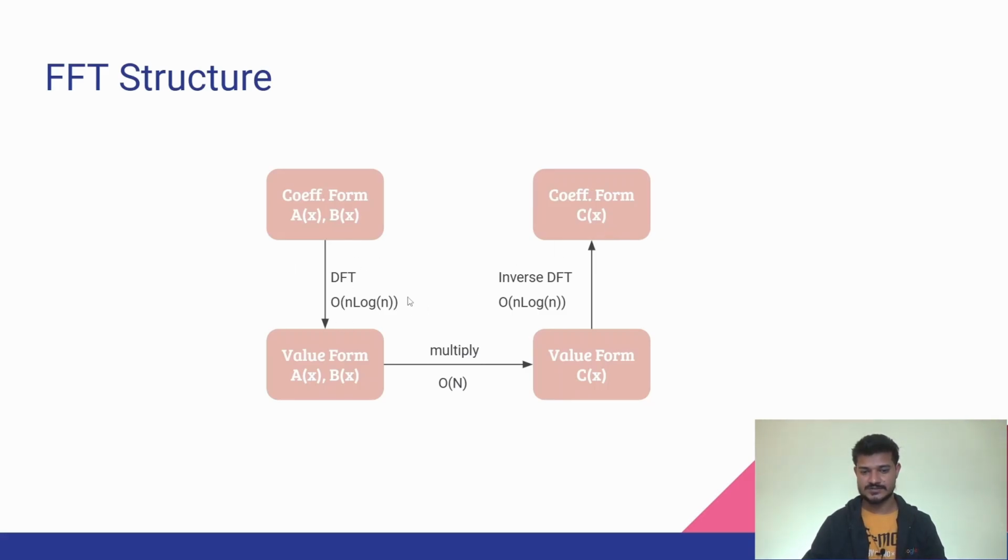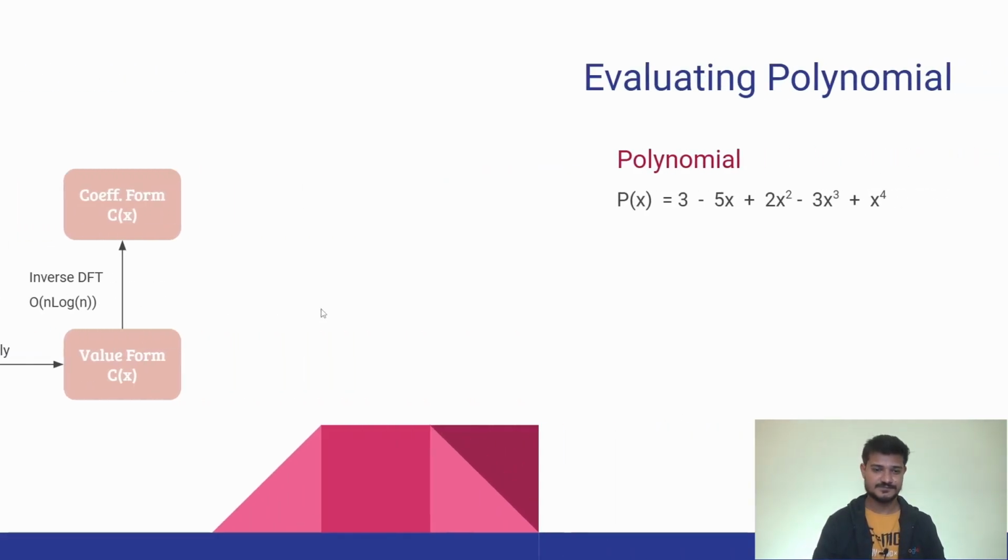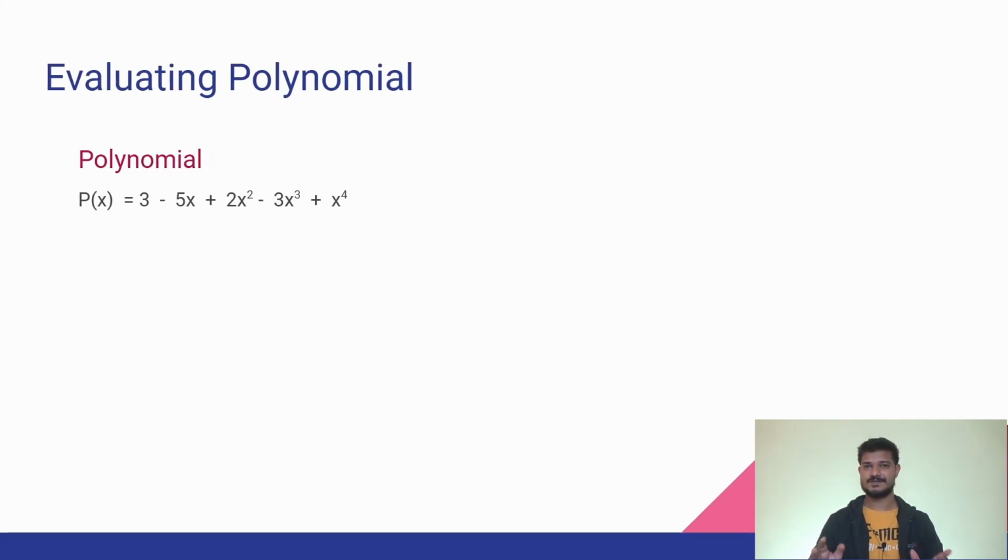So we are going to learn DFT and inverse DFT. Right? DFT basically does the evaluation from coefficient to value form. So let's start with the evaluation. That is the most important part. So let's say you are given a polynomial 3 minus 5x plus 2x squared minus 3x cubed plus x raised to the power 4, and we want to evaluate it, right? So when we want to convert polynomial in coefficient form to value form, we need to evaluate the polynomial.